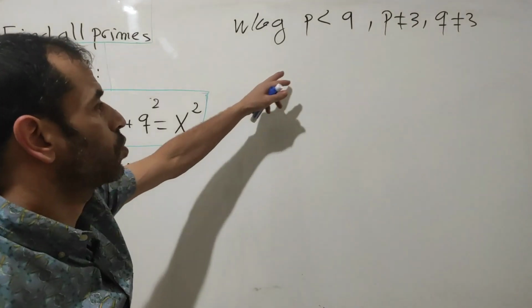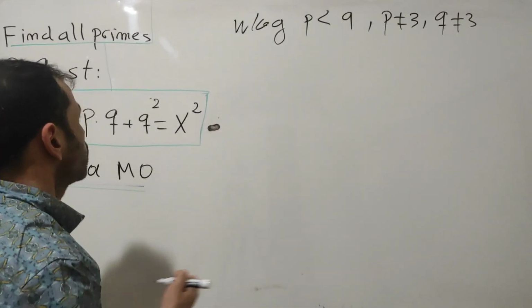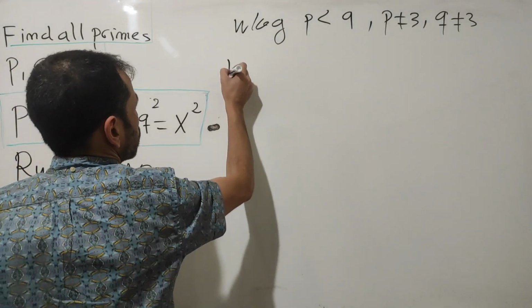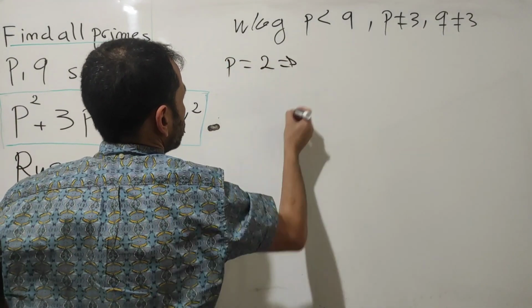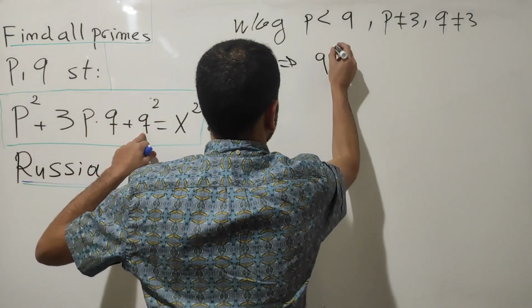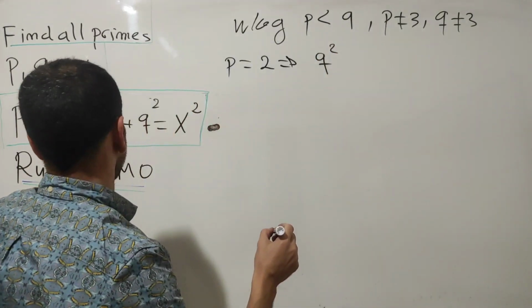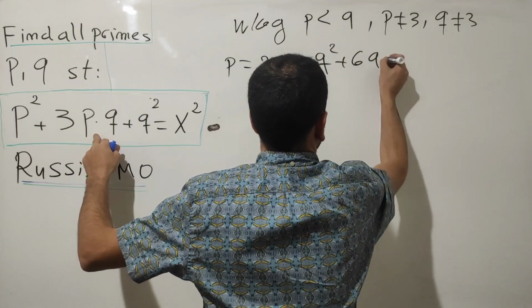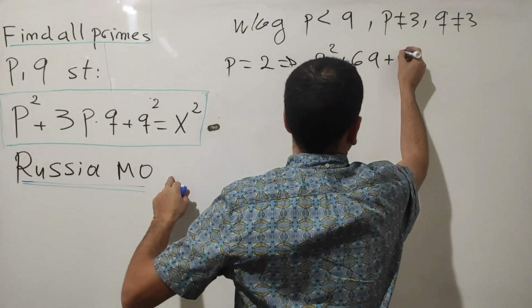So before we move on to the general case, we are going to check maybe p equals 2. If p equals 2, it is going to give us q squared plus 6q plus 4.